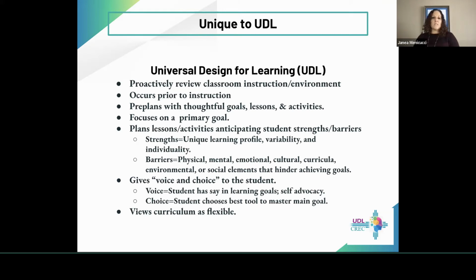And in just a minute, we're going to see an example where sometimes we think we have a primary goal, but yet that primary goal is actually giving us 3 goals within 1 goal. We want to plan lessons and activities that anticipate the students' strengths and also the barriers that might fall into place. So if there's a strength, we want to look at that unique learning profile. So that takes us back to our jagged learning profile.